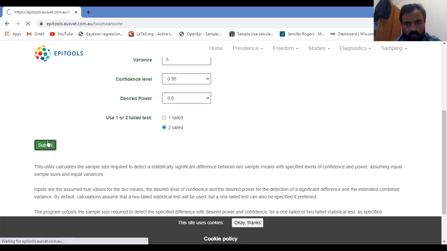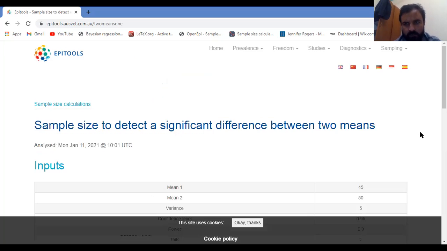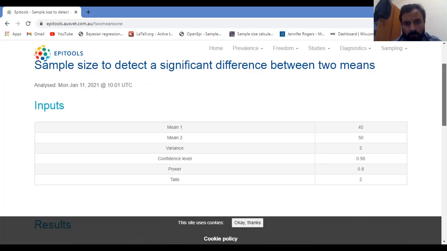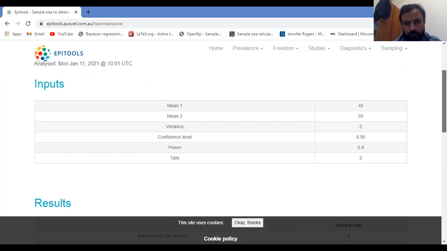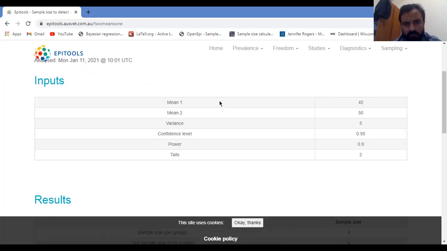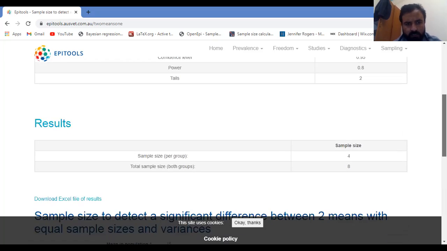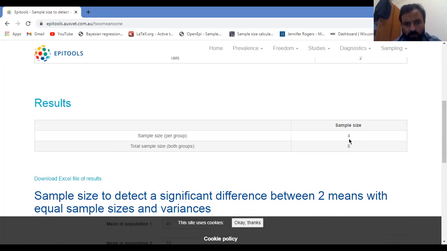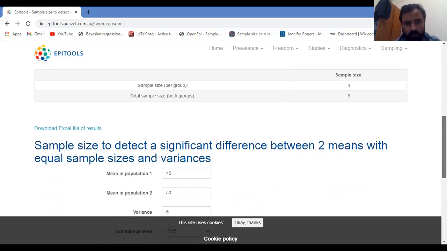You will see the required sample size for the two groups. These are the inputs we entered, and the result is four for each group, and eight as a whole, as there are four in both groups.